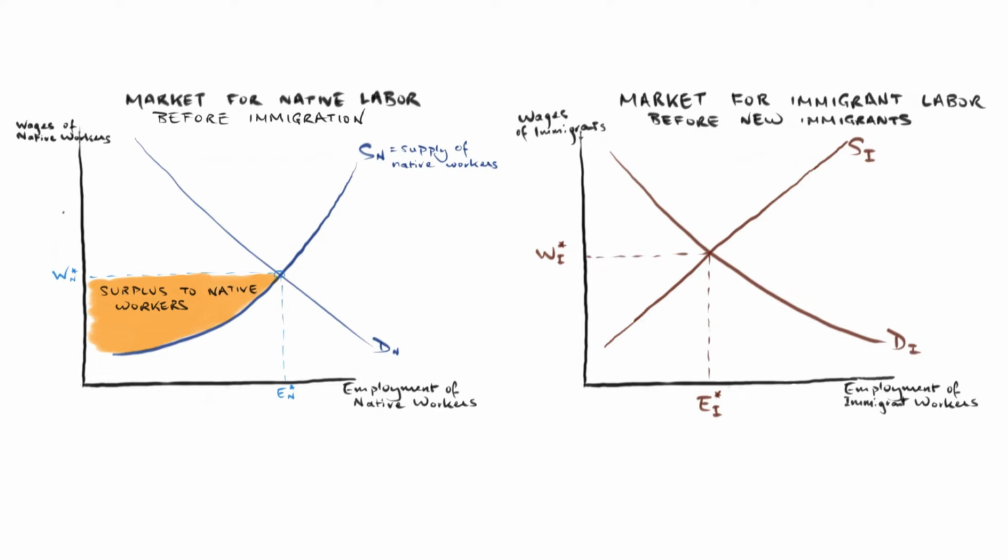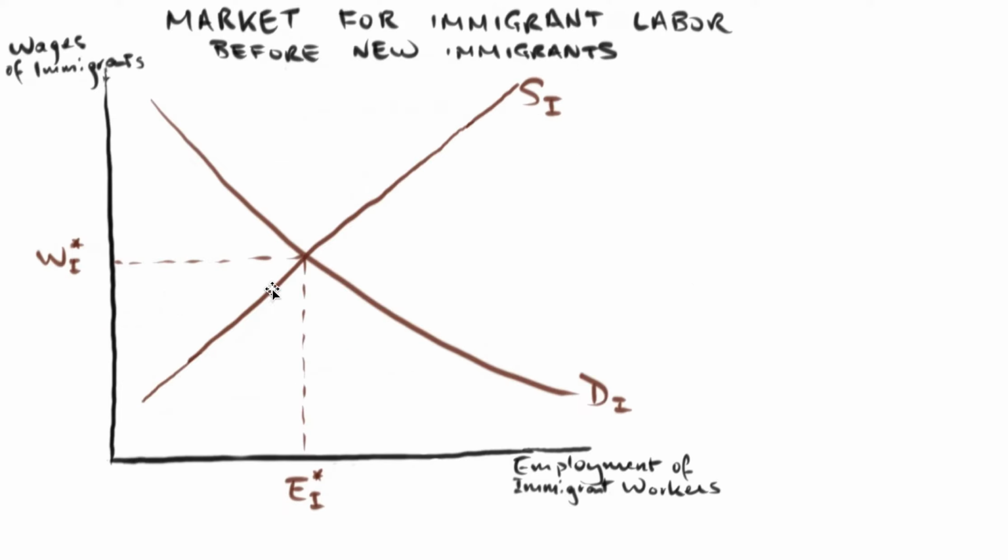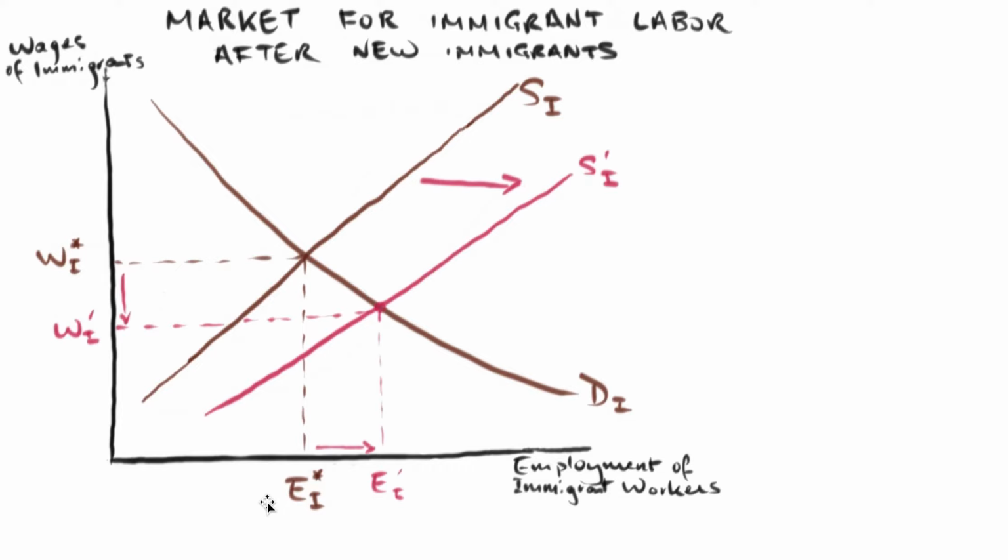Okay, now let me focus on the market for immigrant labor. Before new immigrants, there's an equilibrium wage of WI star, employment of EI star. Then new immigrants arrive in the country.